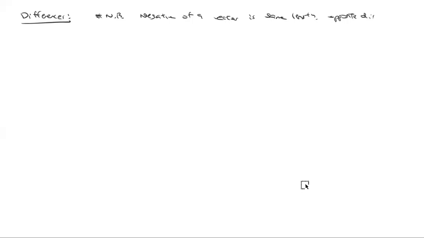So you can also do differences. Note, the negative of a vector is the same length but opposite direction. So if, for example, that's A, then negative A would basically be like this.